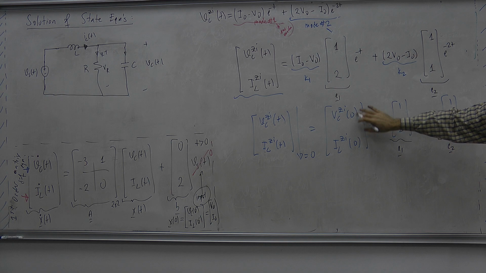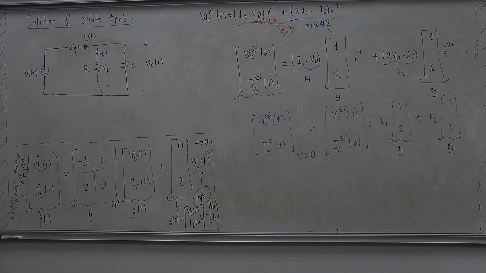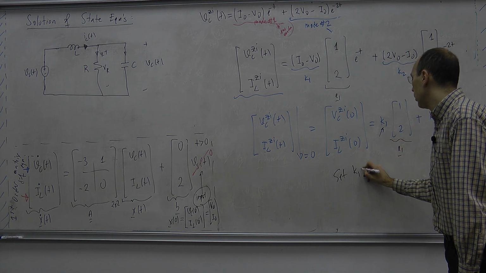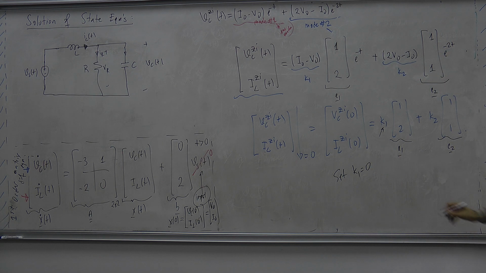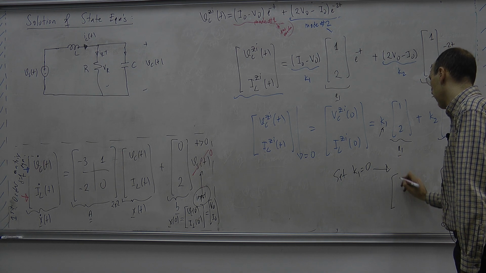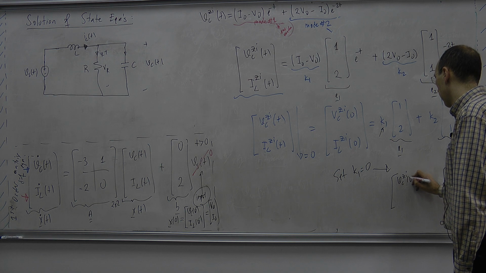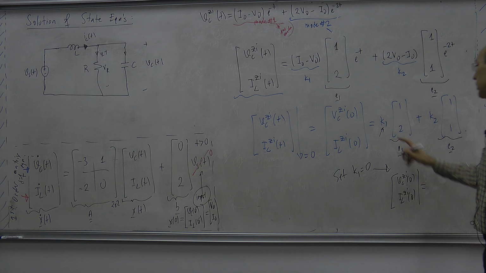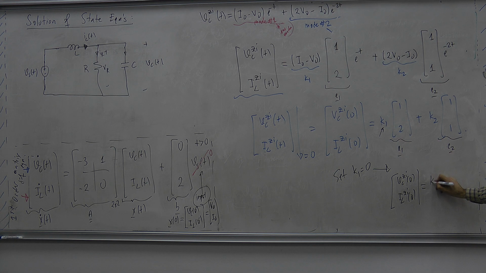So at the initial condition time, at t equals 0, if you want to see a single mode, for example this mode, then K1 should be equal to 0, and you are left with this eigenvector. So if you set K1 equal to 0, then at the initial condition for this single mode excitation, I am left with this.